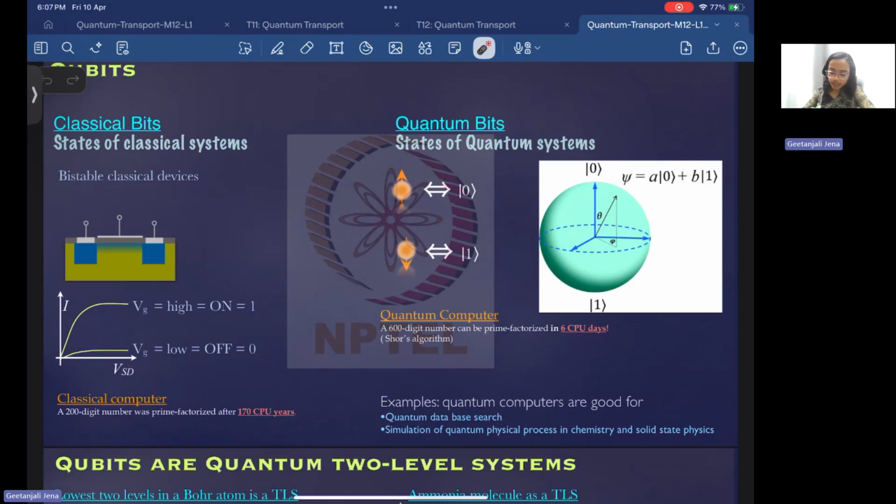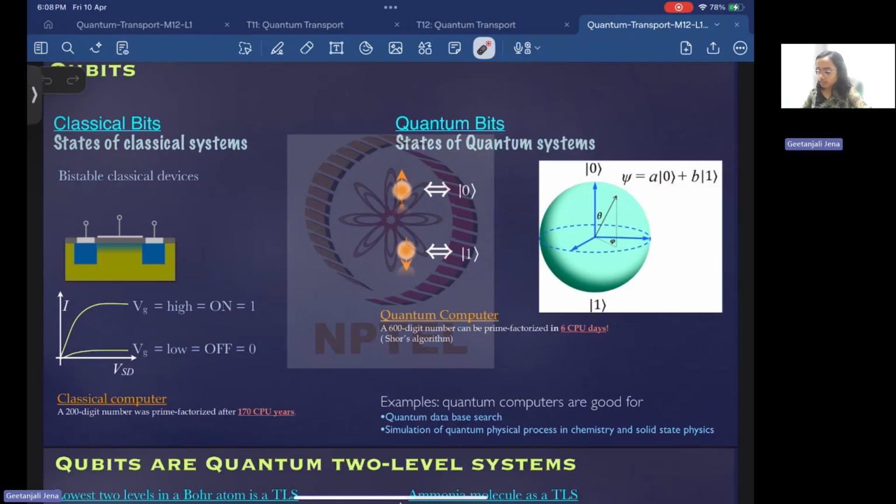To take one example, let's say we have a spin up and spin down system, which is used to encode the information. Let's say for spin up we represent it by a 0 state, and for spin down we represent it by a 1 state. And the whole qubit system can be written as a superposition of both the spin up state and spin down state.